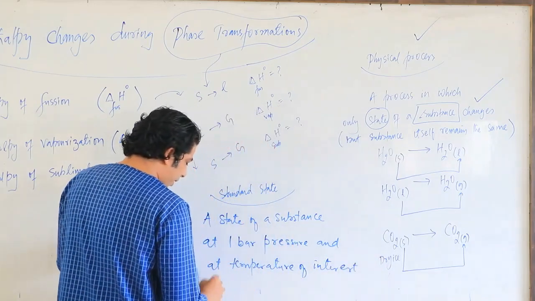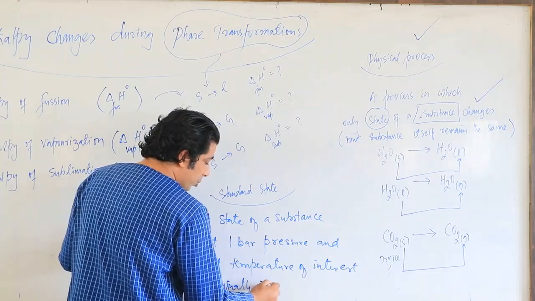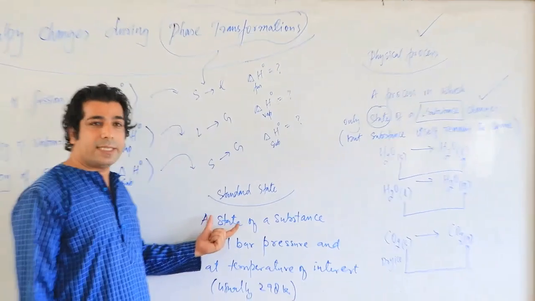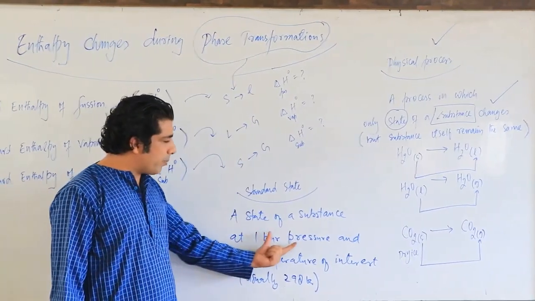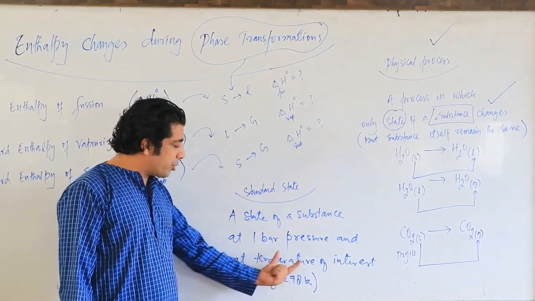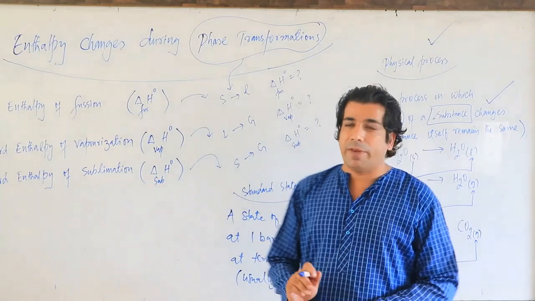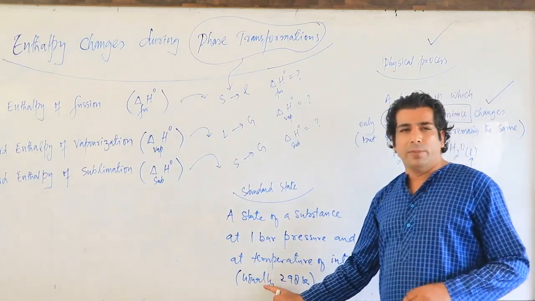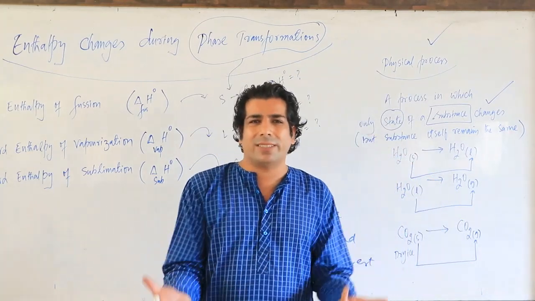And that temperature of interest is usually 298 Kelvin. Remember one thing, when I talk of temperature of interest, usually in most of the reactions you will take it as 298 Kelvin, but it's not necessary.